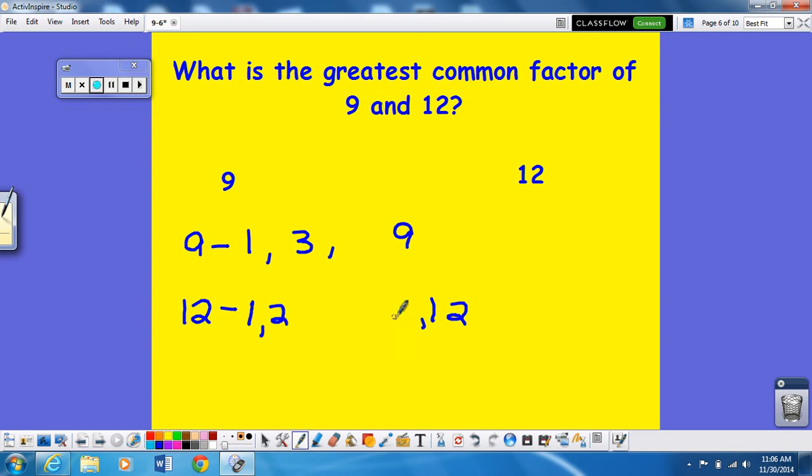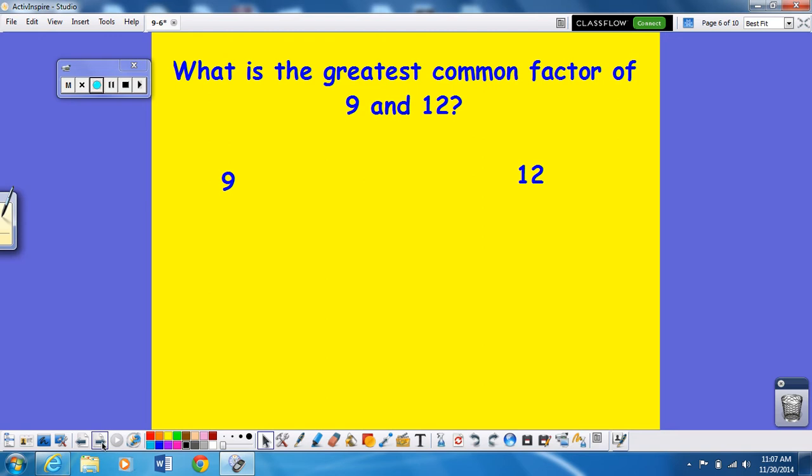I know 2 and 6 are factors of 12. And I know 3 and 4 are factors of 12. So if you look at the common factors, you're always going to have 1, so you don't even really need to count that one. 3 is the greatest common factor. 3 is really the only common factor. So your GCF of 9 and 12 is 3.